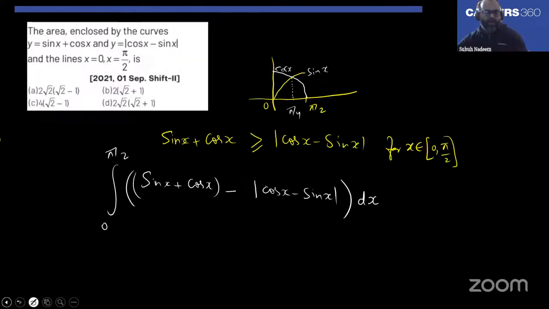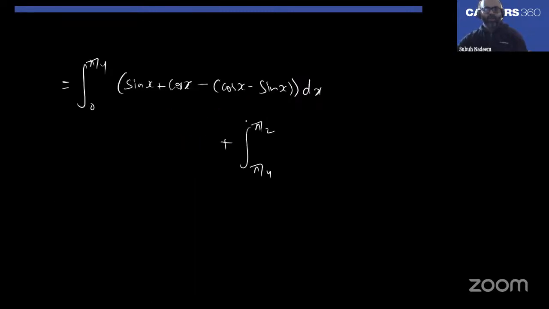Now between pi by 4 to pi by 2, sin x is greater than cos x. So after opening the mod, this will become sin x minus cos x. So this will become integral of sin x plus cos x minus sin x minus cos x.